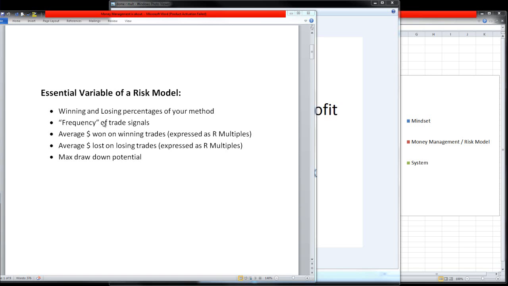The other thing to realize about this as well is you can change each of these variables within the risk model. If you've got a trading strategy, as long as it's a robust, systematic approach, you have the power to change the winning and losing percentages and your expectancy. I'm actually starting to do it with my own trading plan at the moment. What I mean by that is, you're not taking any different trades. You're taking the exact same entries.